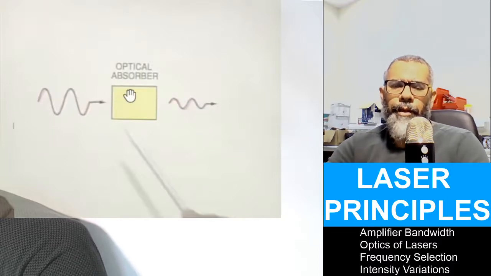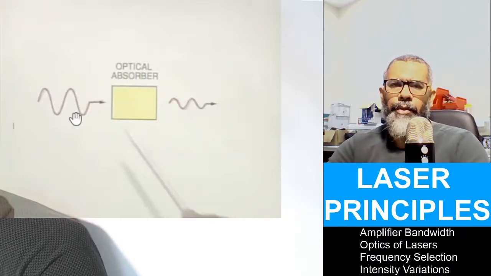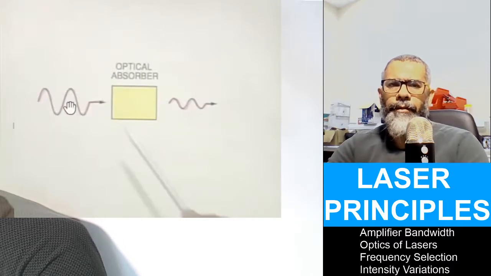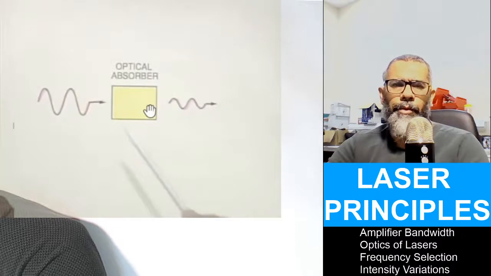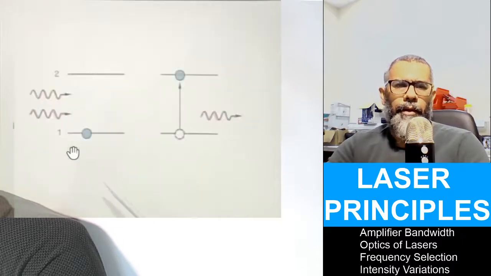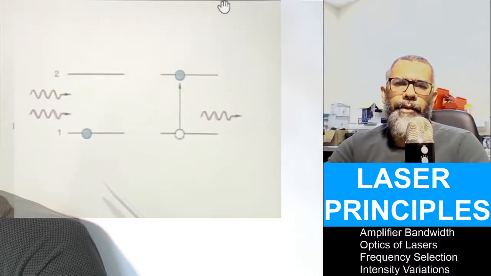It absorbs, so it reduces the intensity, or it reduces the number of photons. If it takes 10 photons at a time and leaves just 7 photons at a time, that means it's an absorber, because it absorbed 3 of the photons of the incoming light. So this is the picture that I'm talking about.